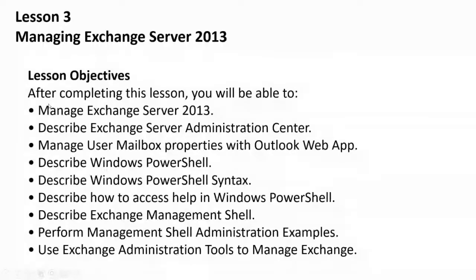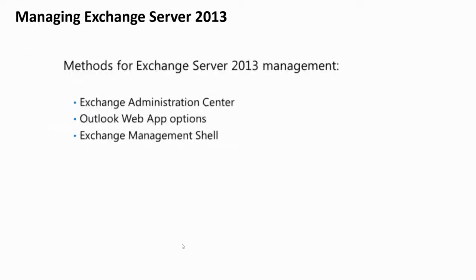So after accomplishing this lesson, you will be able to manage Exchange Server 2013, describe Exchange Server Administration Center, manage user mailbox properties with Outlook Web Application, describe Windows PowerShell, describe the Windows PowerShell syntax, describe how to access help in Windows PowerShell, describe Exchange Management Shell, perform management shell administration examples, and use Exchange administration tools to manage Exchange.